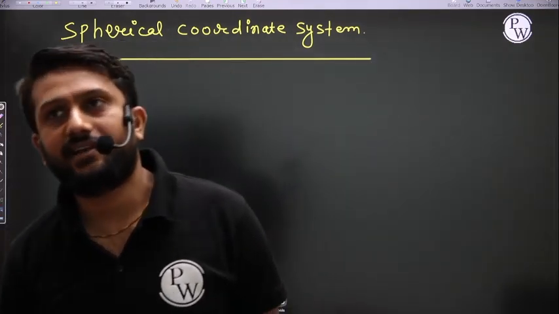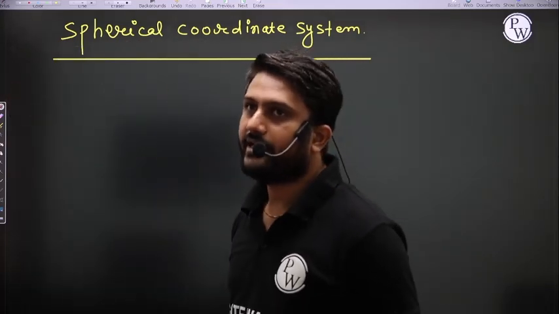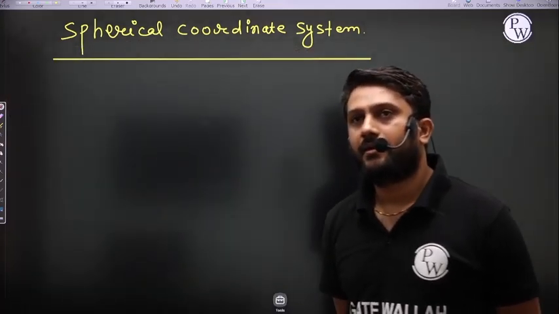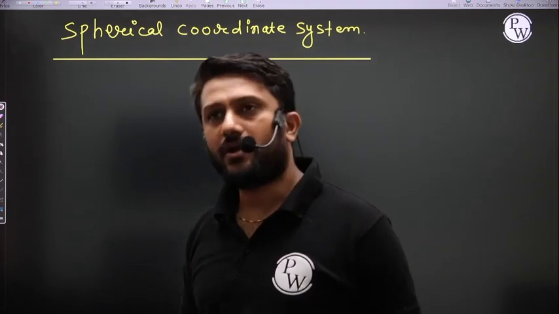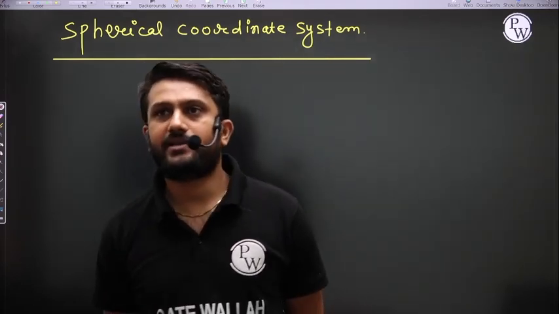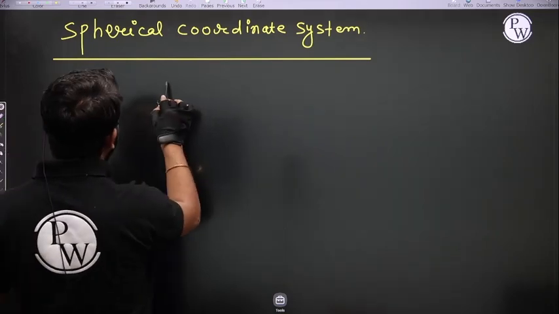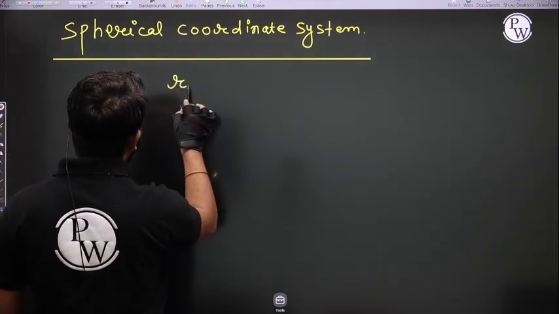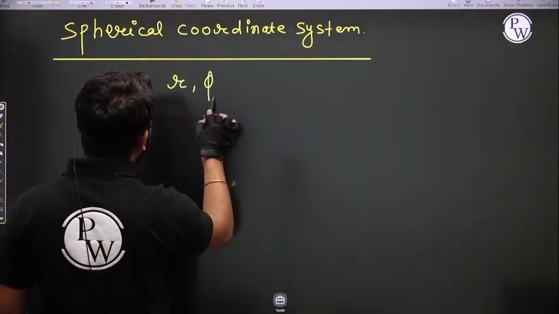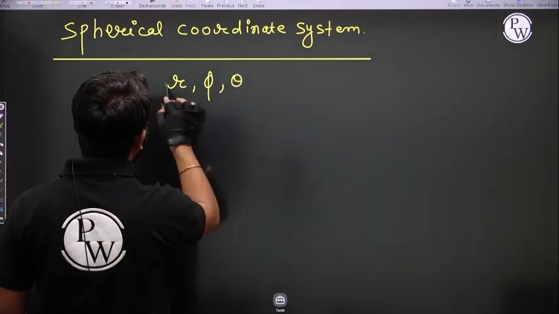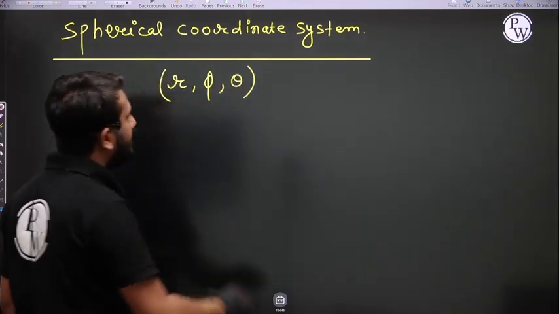In the case of the cylindrical coordinate system, r, phi and z are required. In the spherical coordinate system, what parameters are required? In the spherical coordinate system, r, phi and theta.